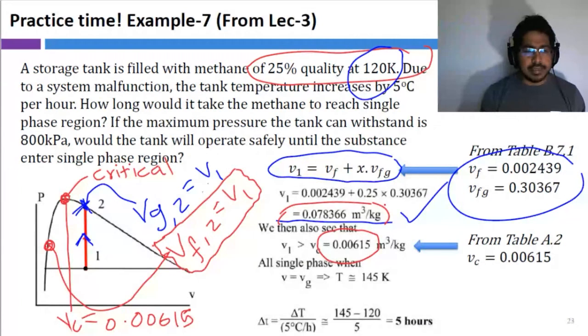When it is greater than VC, where does our state 1 fall? Is it to the right of VC or to the left of VC? What can you say? Anybody? Right or left from VC?